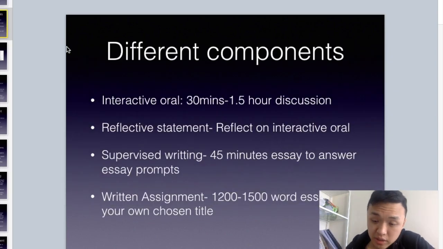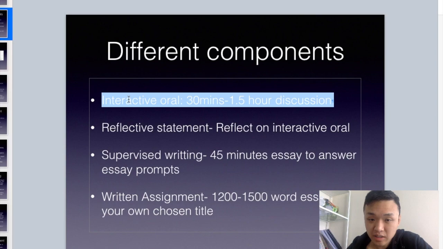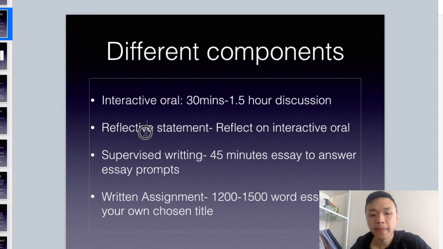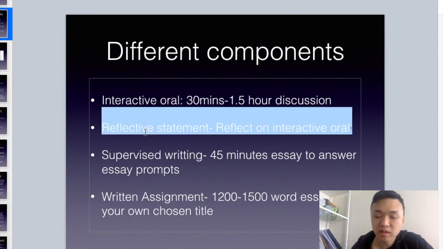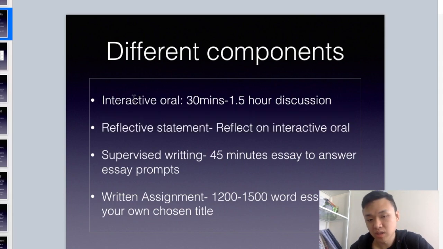In your written assignment, there are actually 4 parts. Just a quick introduction about what the parts are. Probably your school has told you this; if not, just a quick reminder. The first part is the interactive oral, which is an in-class discussion, 30 minutes to 1.5 hours, depending on how many books you're doing. This is basically a group discussion about the book, and your teacher will be supervising this. The second part is the reflective statement, where you write a reflective statement on the interactive oral.